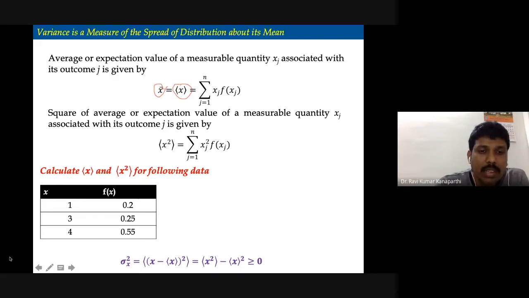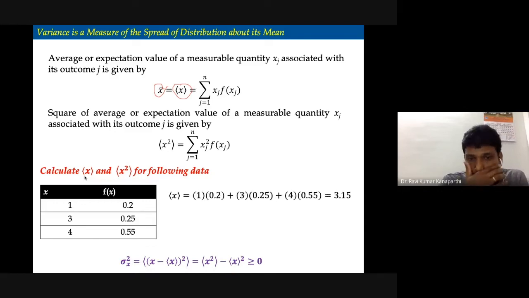So this is the data, and from it, if you are asked what the mean value, the average or the expectation value is, how do we calculate? It is just multiplying and using the formula written here, and then evaluating, and what you get is this quantity.